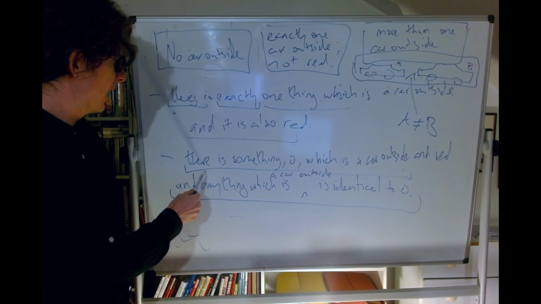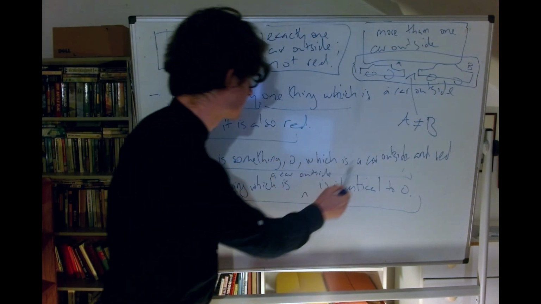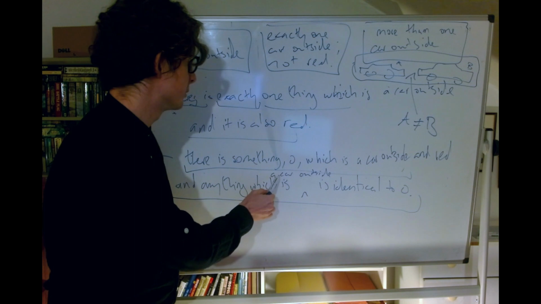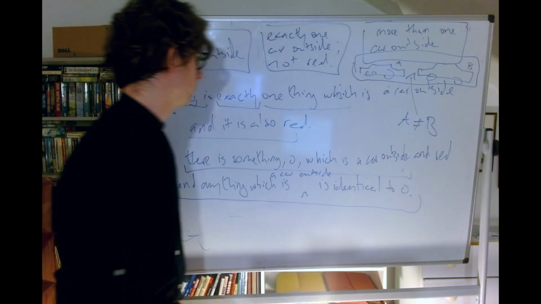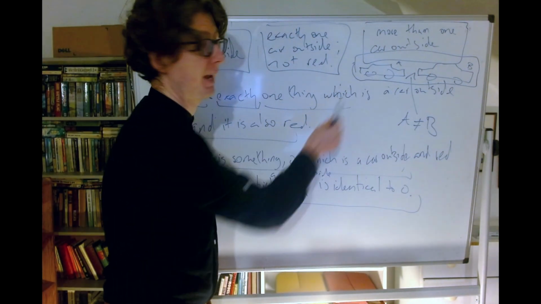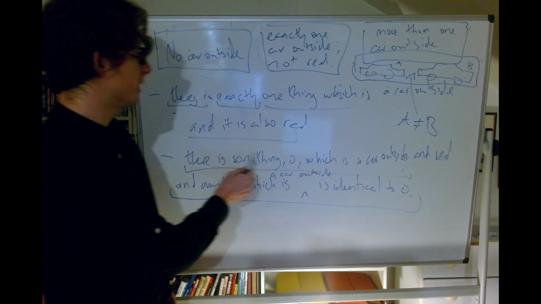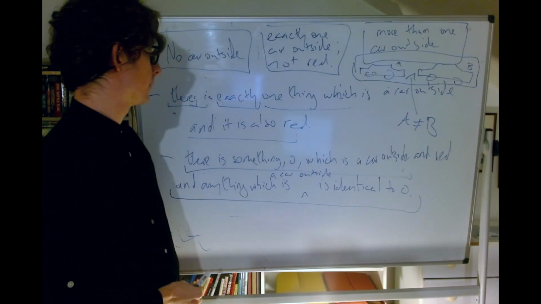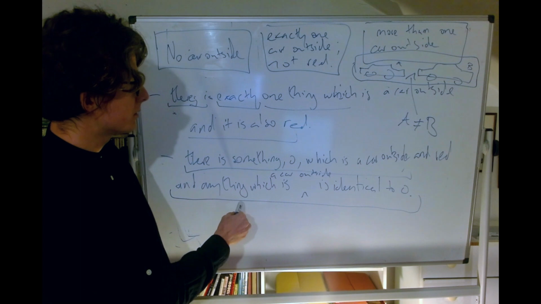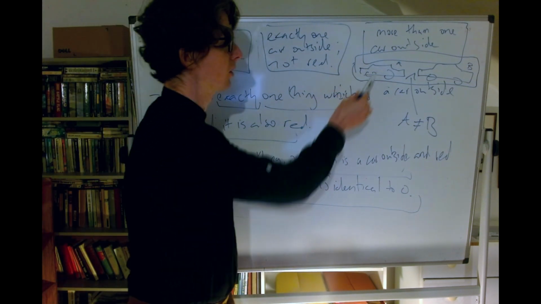But remember what this says. It says that there's something which is a car outside and red, and anything else which is a car outside is identical to O. So let's imagine that A is red. It's true that there's something which is a car outside and red, but is it true that anything else which is a car outside is identical to A?